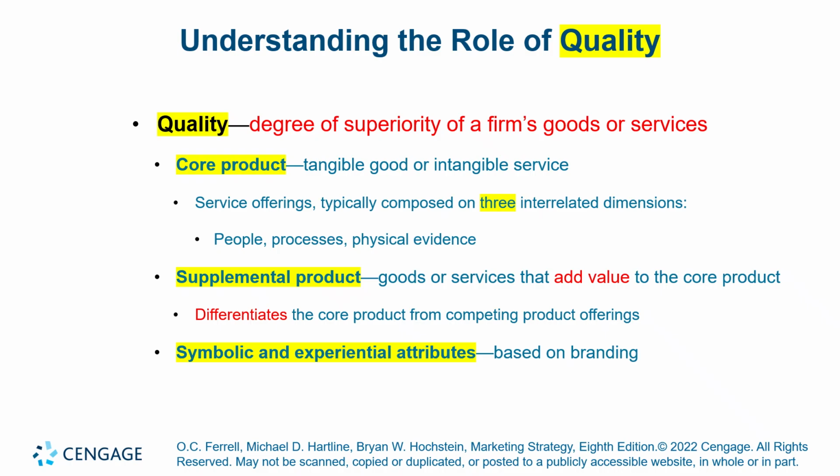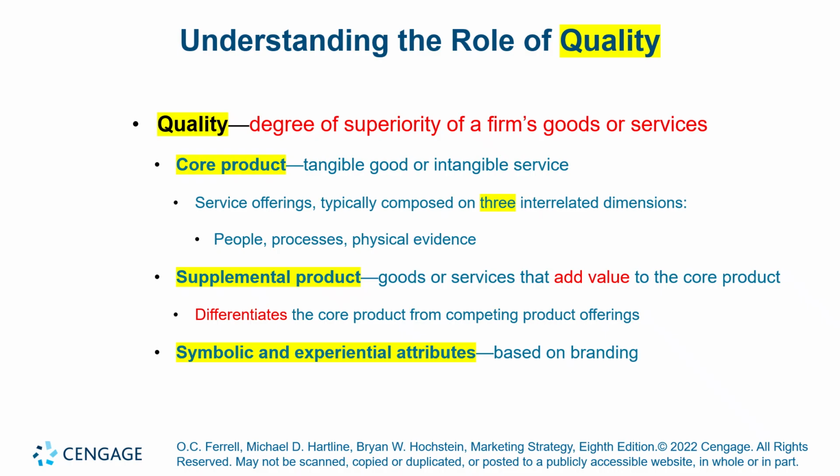Quality on your core product, tangible goods or intangible services. Service offerings are typically composed of three interrelated dimensions: people, process, and physical evidence. That's what you need to maintain to keep core product quality.